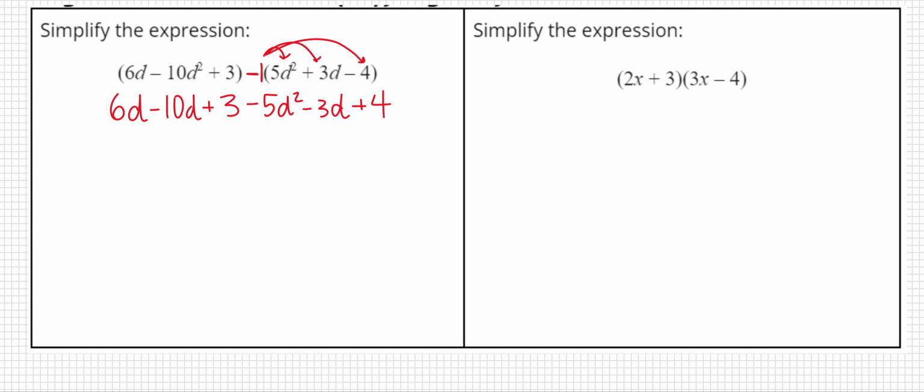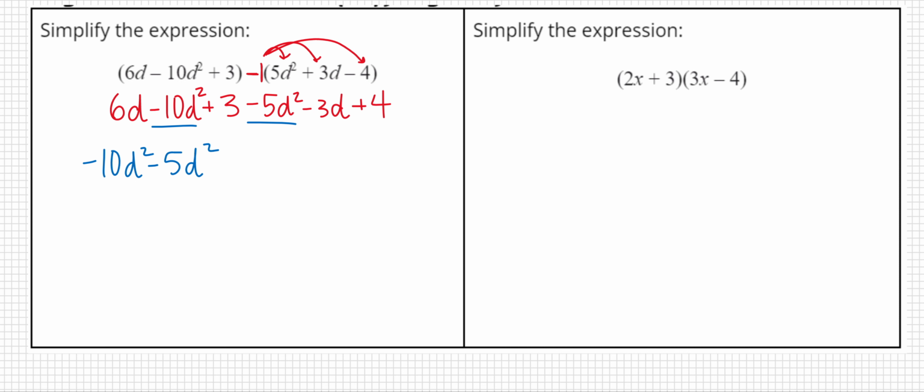From here, I'm going to group the like terms. For like terms, I'm looking for terms that have the same variable to the same power. So I have a negative 10d squared here and a negative 5d squared later, and I'm going to write those two right next to each other: negative 10d squared minus 5d squared.